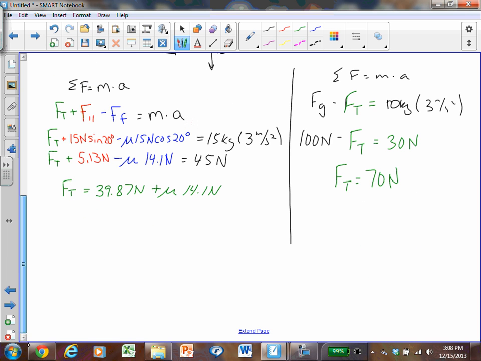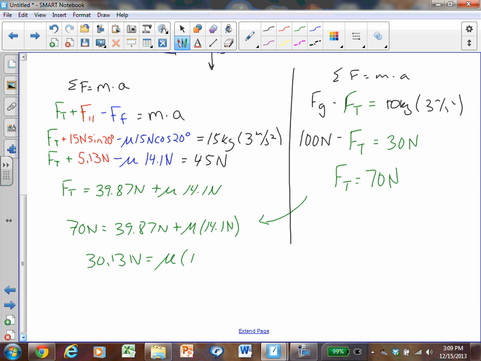We would have 70 newtons equals 39.87 newtons plus mu 14.1 newtons. 70 minus 39.87 is 30.13 newtons equals mu times 14.1 newtons.